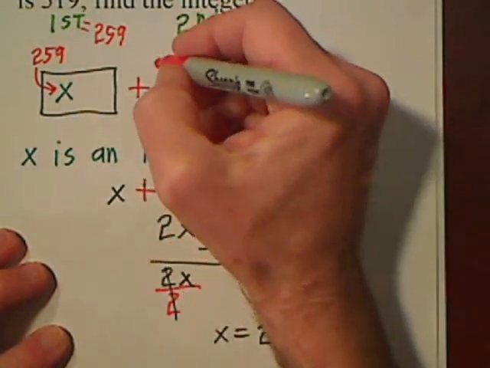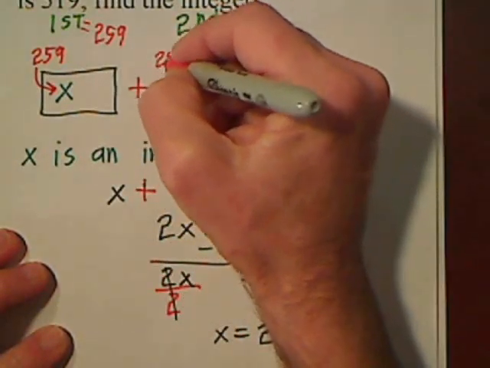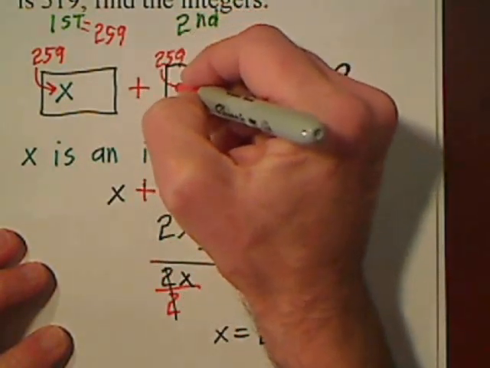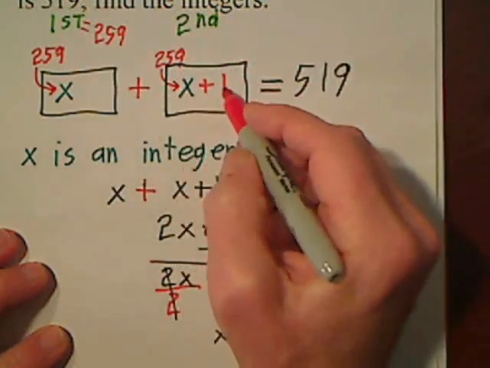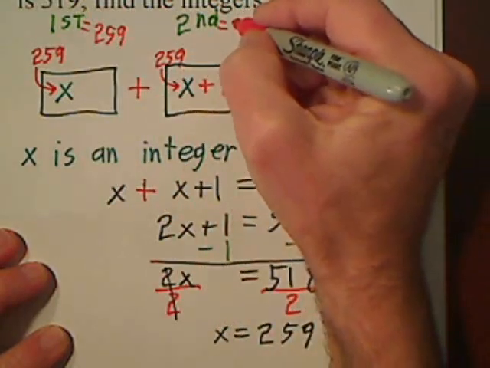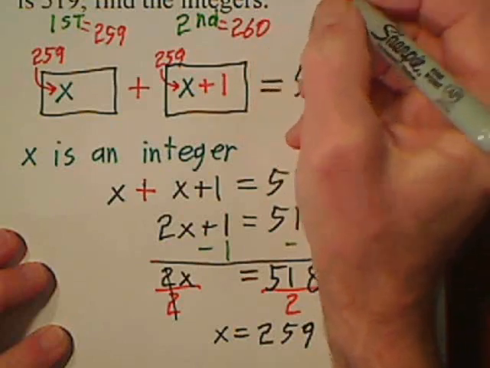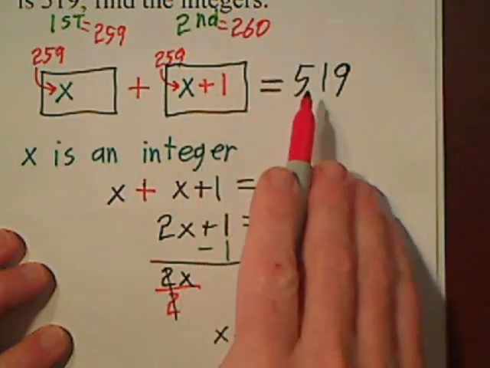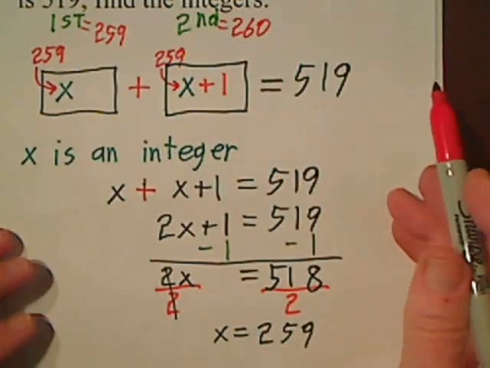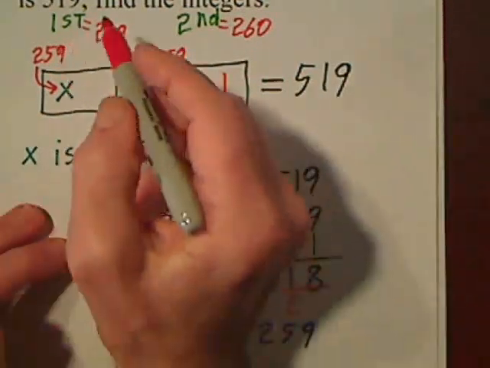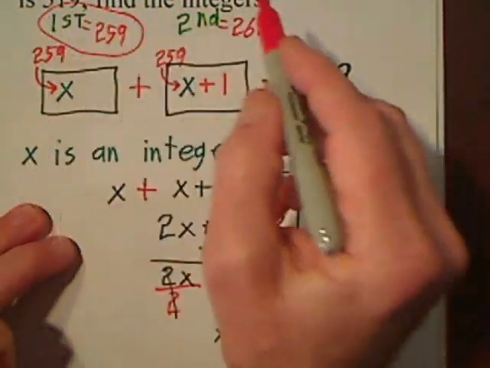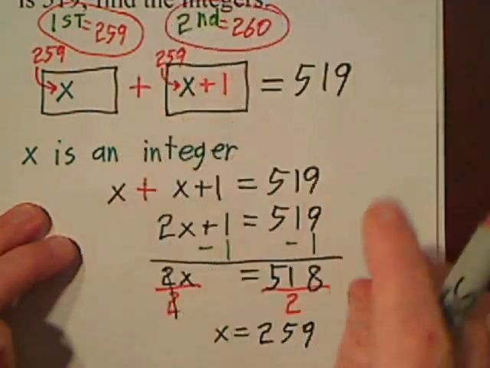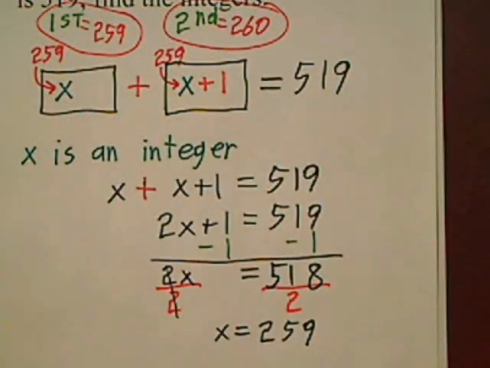For your second one, you plug in 259 right where the x is. 259 plus 1 is 260. If I add these 2 integers together, I will get 519. So the first integer is 259, the second integer is 260.